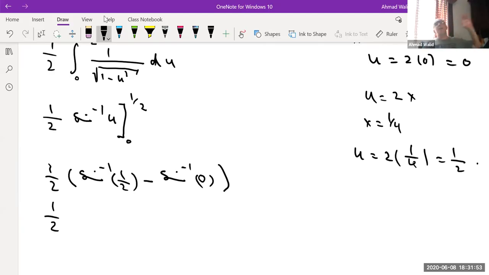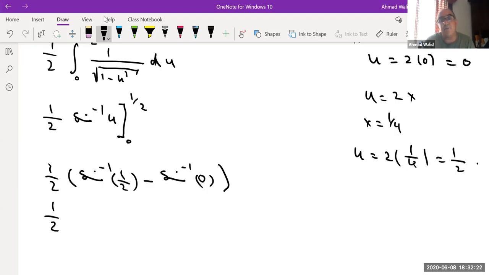Inverse sine of 1/2. Hopefully you remember, when I'm asking what is inverse sine of 1/2, it actually means the sine of which angle is 1/2. You're looking for the angle, or you can push the inverse sine in your calculator and plug in 1/2, it gives you the angle, correct?